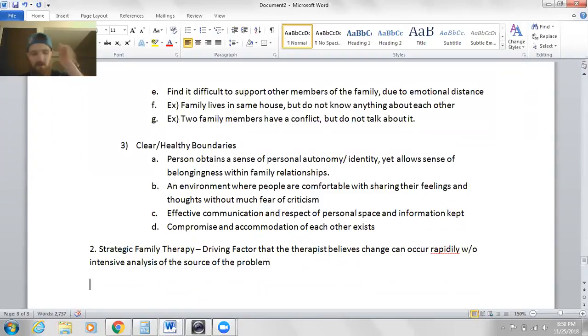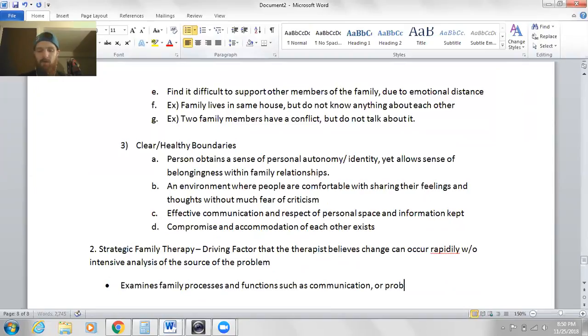So here we're looking at examining family processes and functions such as communication or problem solving patterns by evaluating family behavior outside the therapy session.